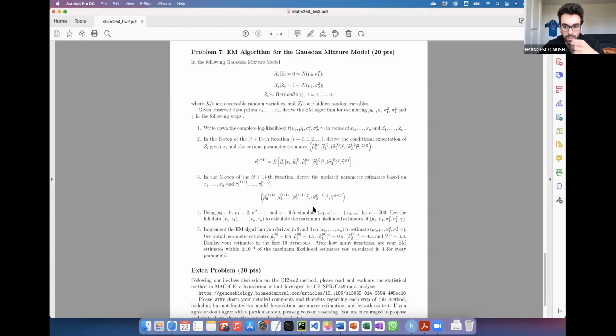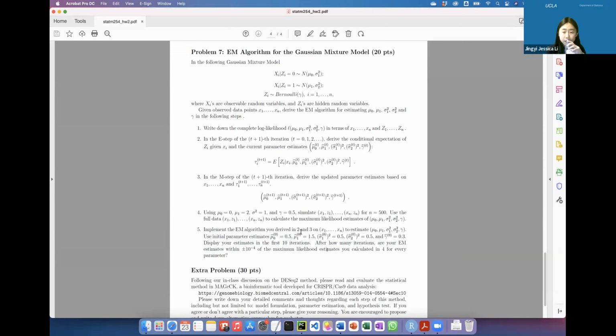In problem 7, in the last step, you ask us to do the EM algorithm to identify the parameters, and in the last question, after how many iterations are the EM estimates within 10 to the minus 4 of the maximum likelihood estimates we calculated using the complete data set.